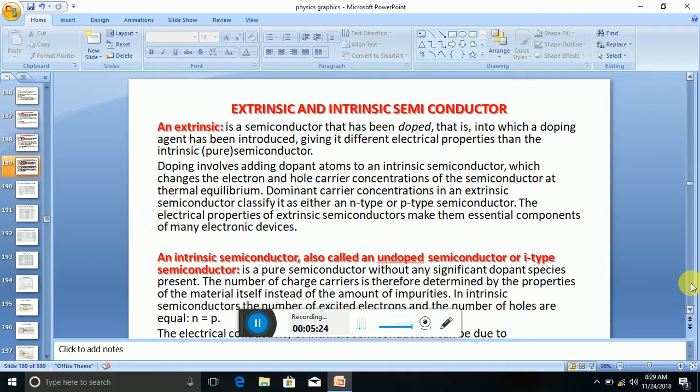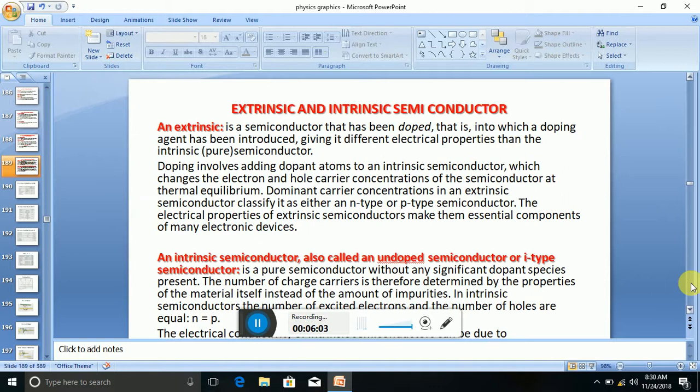Doping involves adding dopant atoms to an intrinsic semiconductor, which changes the electron and hole carrier concentrations of the semiconductor at thermal equilibrium. The dominant carrier concentration in an extrinsic semiconductor classifies it as either an N-type or P-type semiconductor. The electrical properties of these semiconductors make them essential components of many electronic devices.